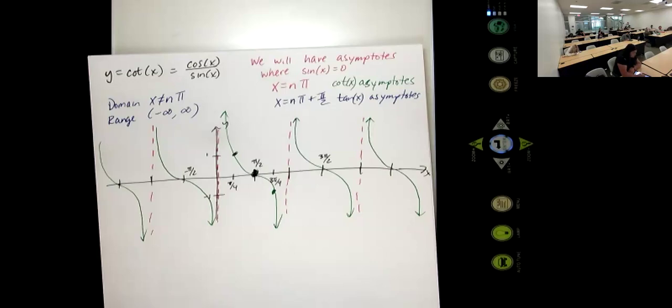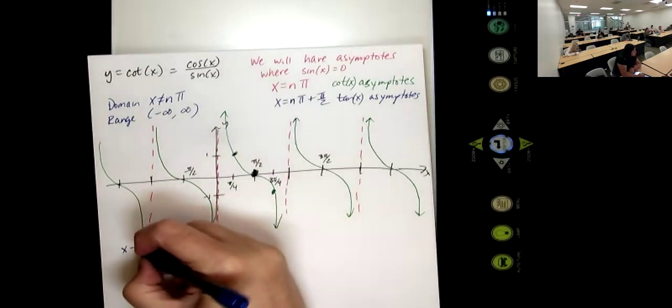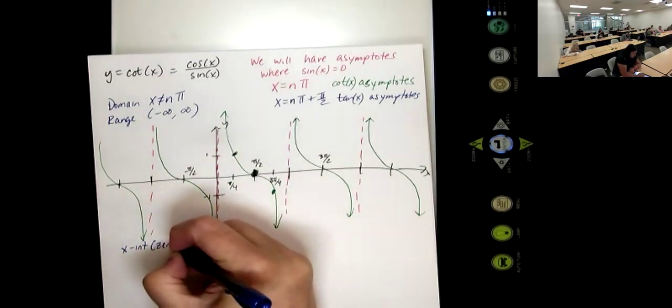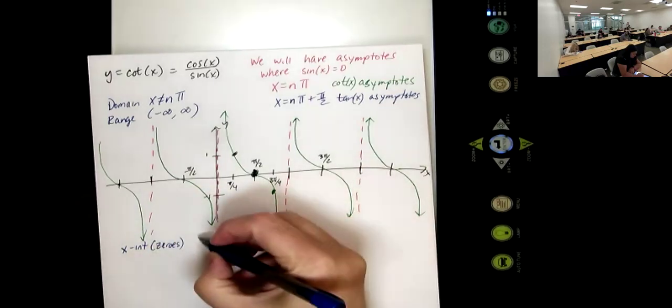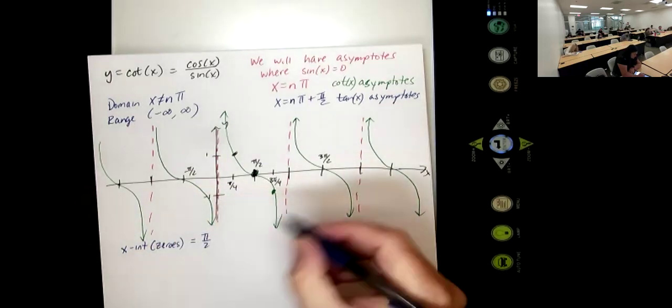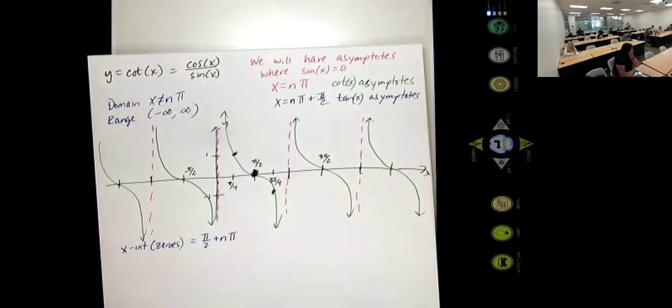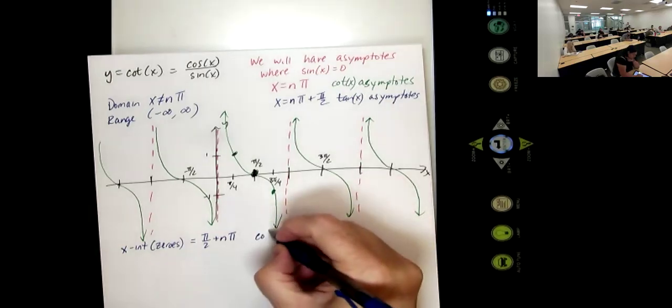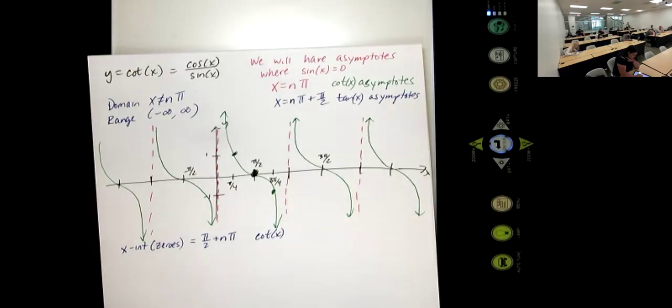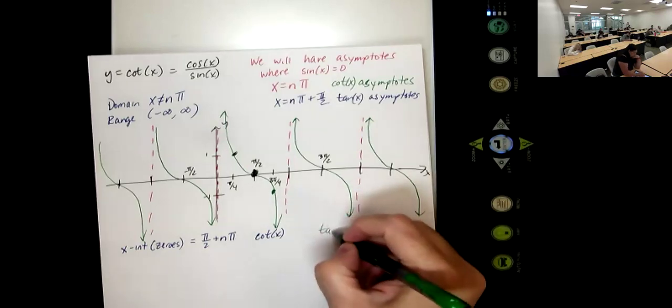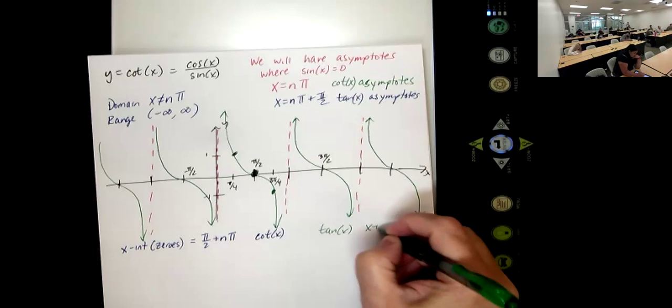It's like our x-intercepts, or zeros, occur at pi over 2 and then every pi, so plus n pi. That's cotangent, whereas tangent had the x-intercepts at n pi.